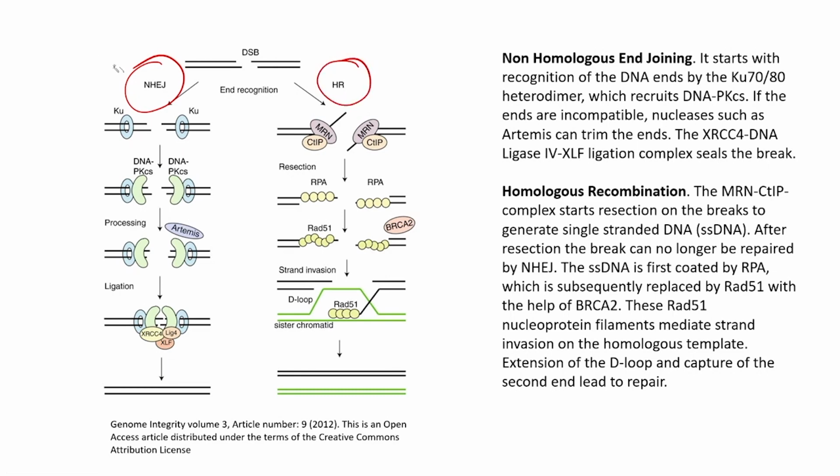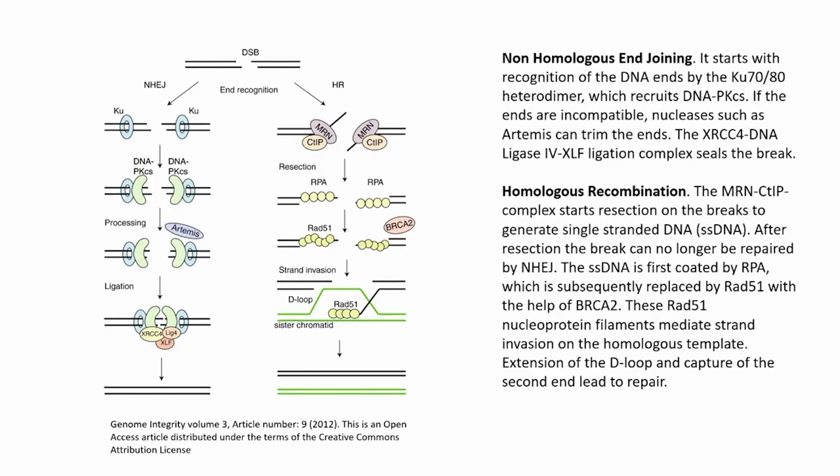You now know what are the protein molecules involved in taking the decision which pathway it will follow, and you know that KU is an important player in NHEJ, and in HR you have a different set of critical players, and the formation of certain invading strands takes place in homologous recombination.